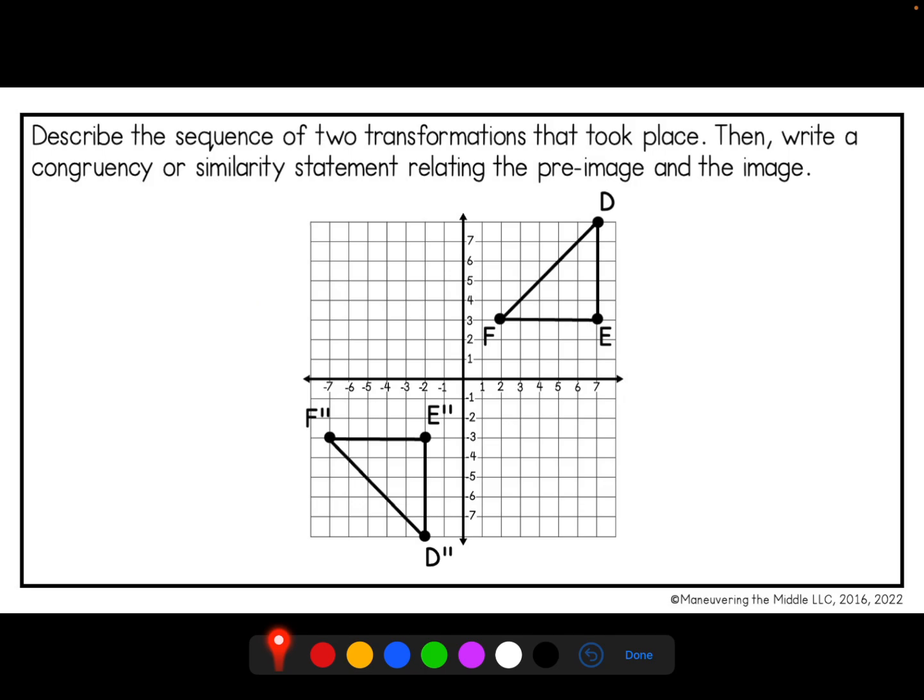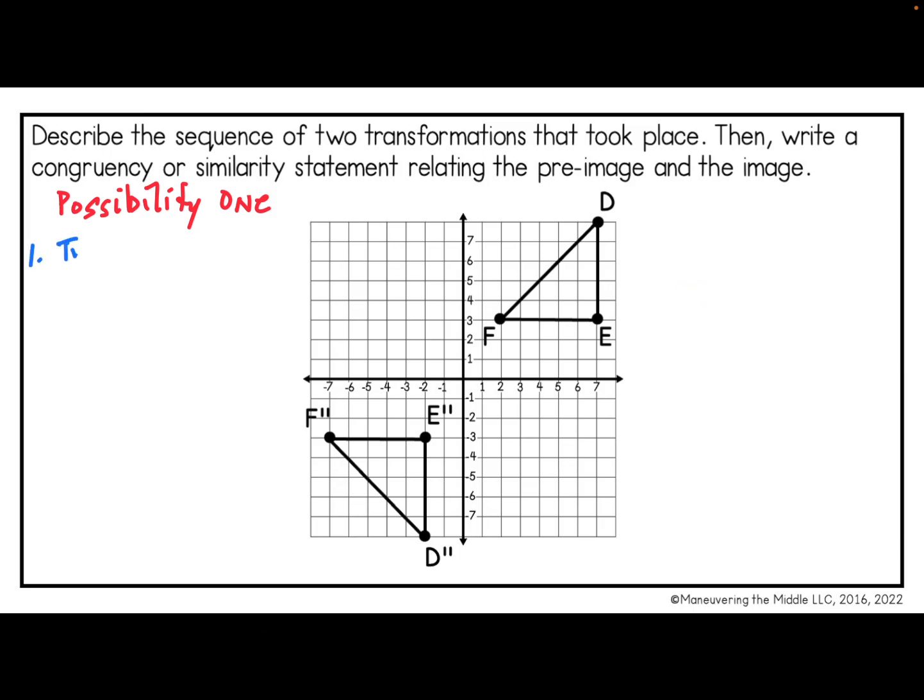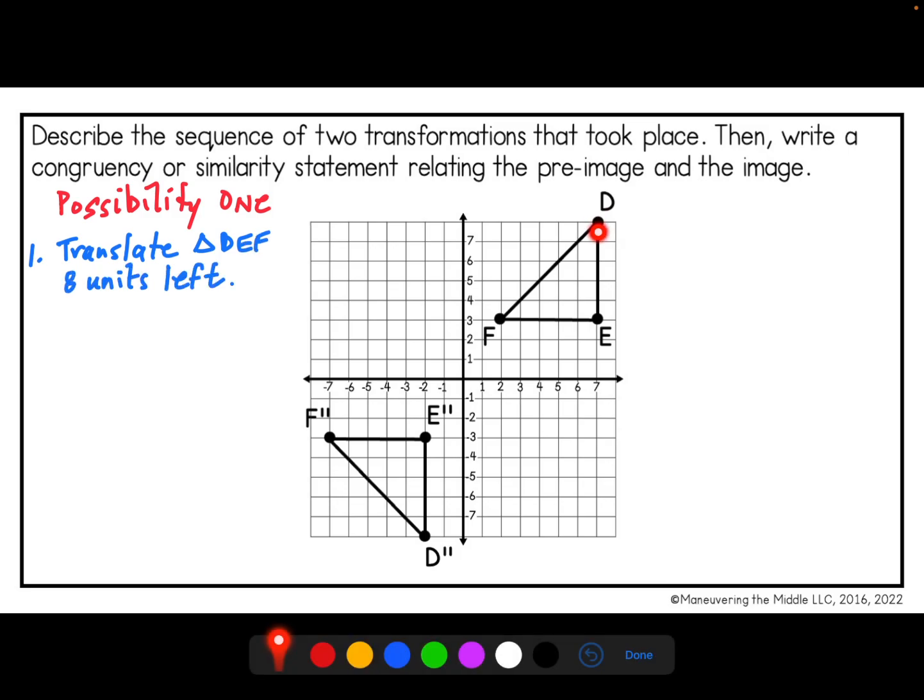Now we get to analyze. We have triangle DEF here, and somehow it has been transformed twice to get to triangle D double prime, E double prime, F double prime. So how did this happen? There are actually two possibilities. Let's deal with possibility one first. Possibility one says that we can translate triangle DEF 8 units to the left.